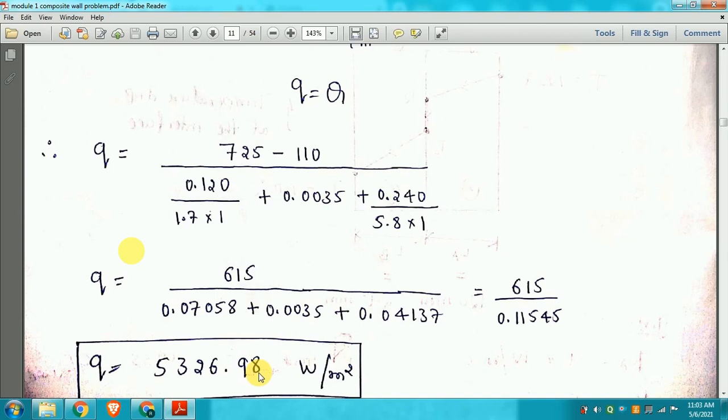Just tell me the answer. So T2 is equal to 349.